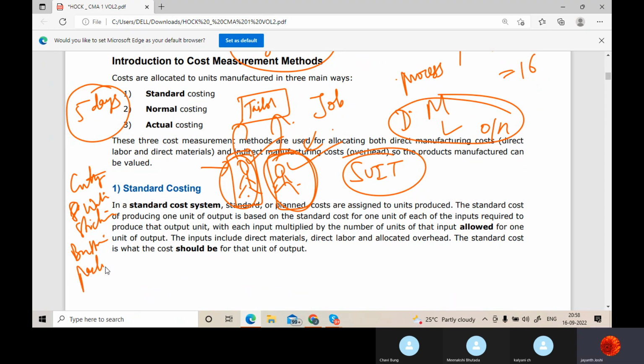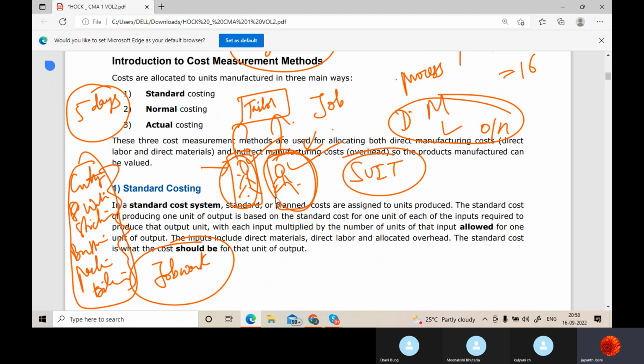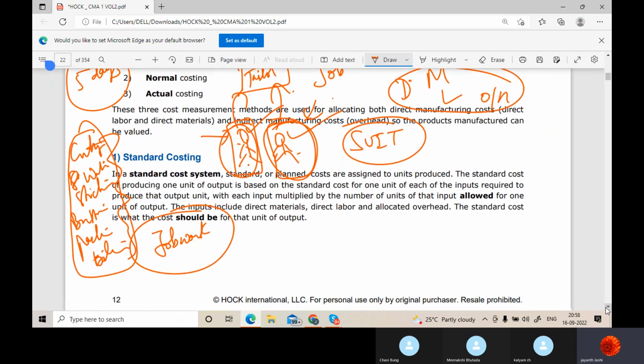He is packing, he is billing. So everything he is doing. That's what we say, it is a job work, because an individual is doing a task for different people as per their specifications, and he himself is doing all this task. That is job costing, and we will discuss that, don't worry.